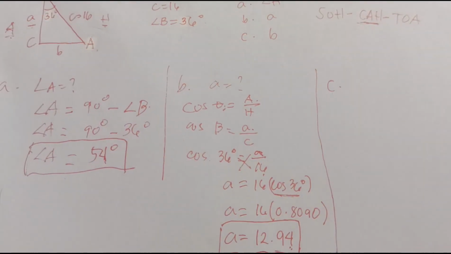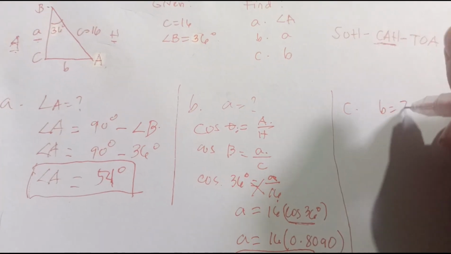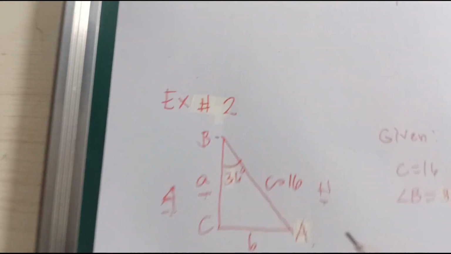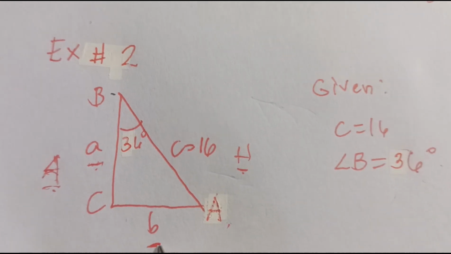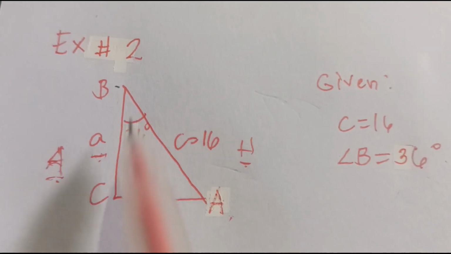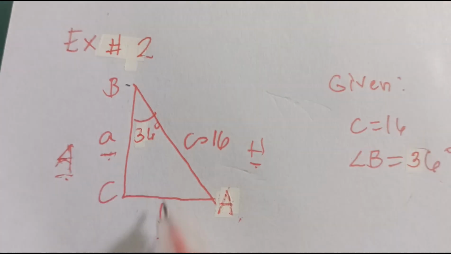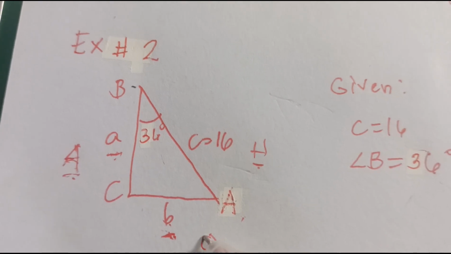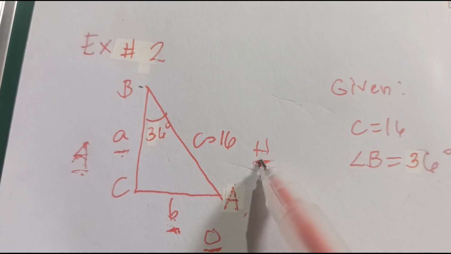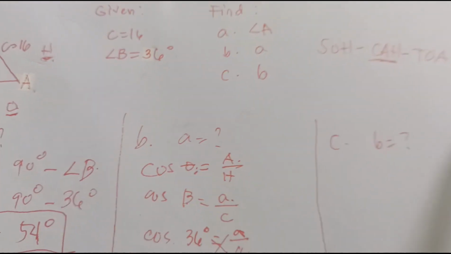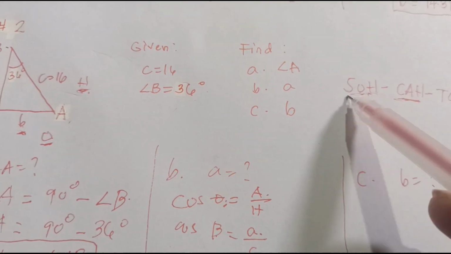Next, what is the value of our letter C? That is side B. In this figure, where is our side B? It's here. What do we relate B to? We relate B to the given angle, which is B. What is the relationship between them? They are opposite. And C is our hypotenuse. Which one has O and H in SOH-CAH-TOA? The one with O and H here is SOH.